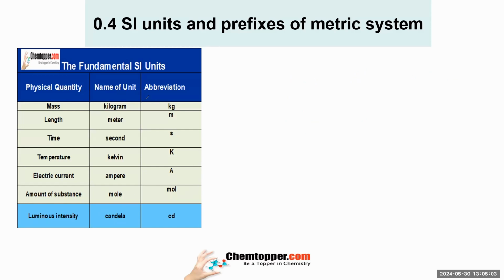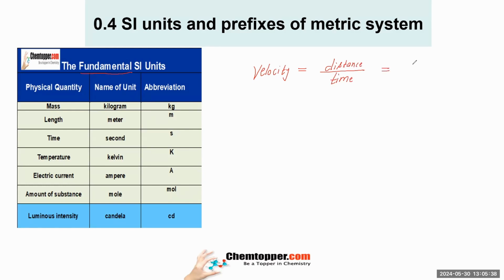Now, as I said, these are the fundamental units, and the rest of the units are derived from them. For example, velocity. The velocity unit is not mentioned here because velocity, by definition, is distance over time.